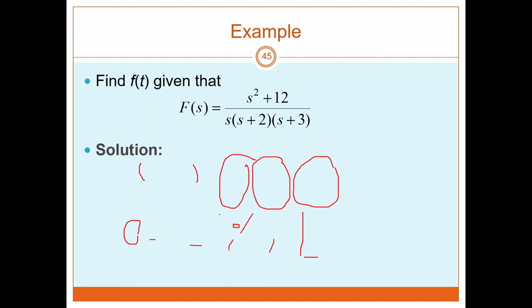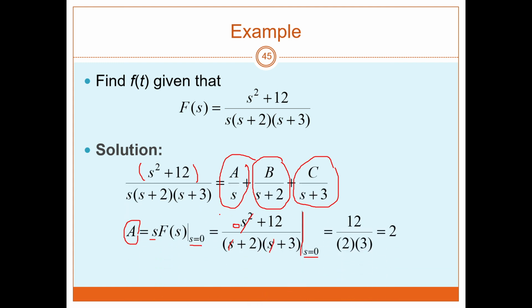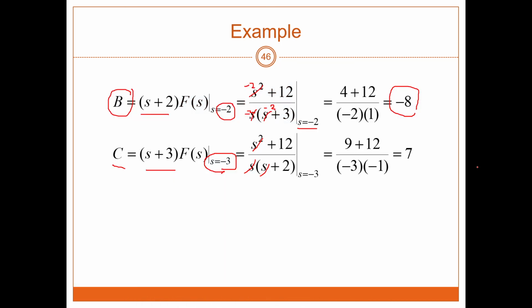A now becomes 2 divided by s, plus B divided by s plus 2, plus C divided by s plus 3. The values of B and C are minus 8 and 7.